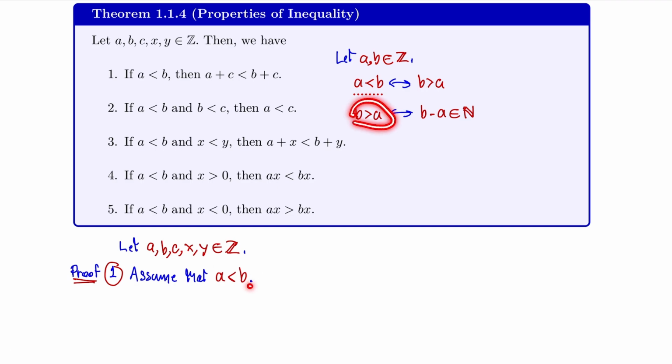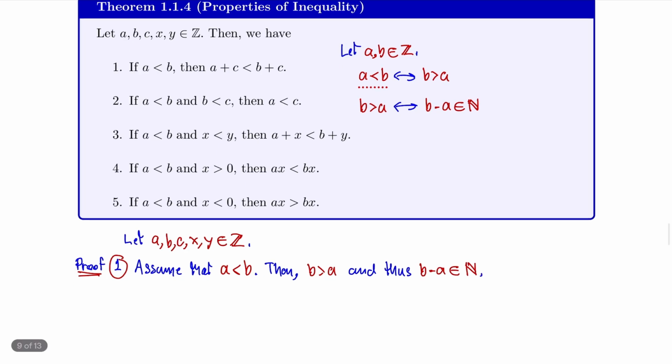Since we have a less than, but we have the definition of greater than, from this one, this implies that b is greater than a. And when b is greater than a, we have b minus a contained in the set of natural numbers. Now we want to have this inequality, a plus c less than b plus c.